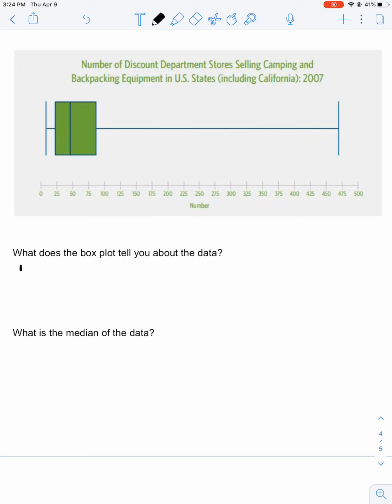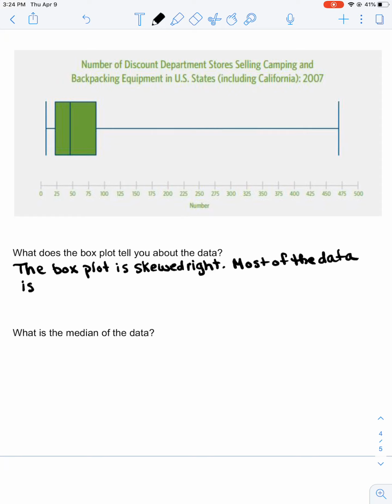The box plot, which means most of the data is on the left side of the plot.